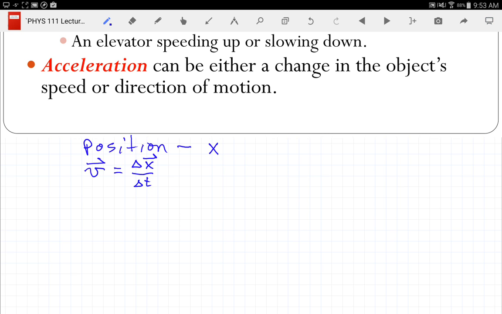And you can't multiply vectors. You can't take vector x times vector v. That doesn't work out. We do have things like cross products and dot products, but you can't just multiply them. So that's our definition of the velocity. Now we have the definition of acceleration is the change in velocity divided by the change in time.